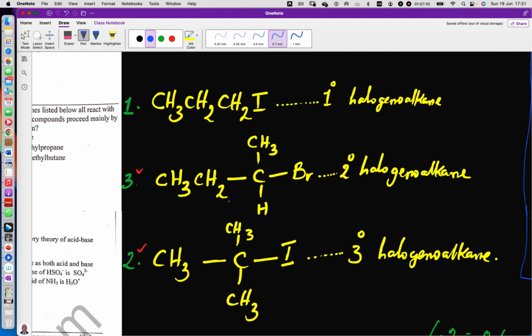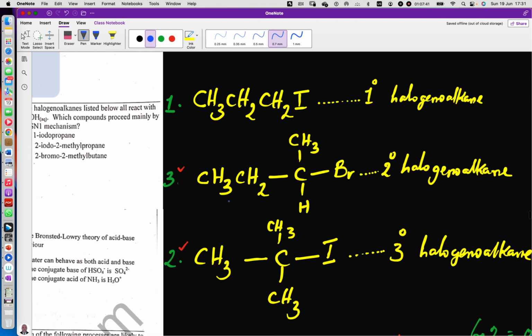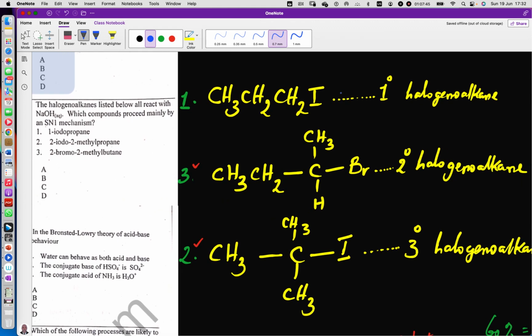In drawing this structure, the first one is 1-iodopropane. That is the first one. Then the second one, which is 2-bromo-2-methylbutane. It is 1, 2, 3. So it is 2-bromo. The second one.